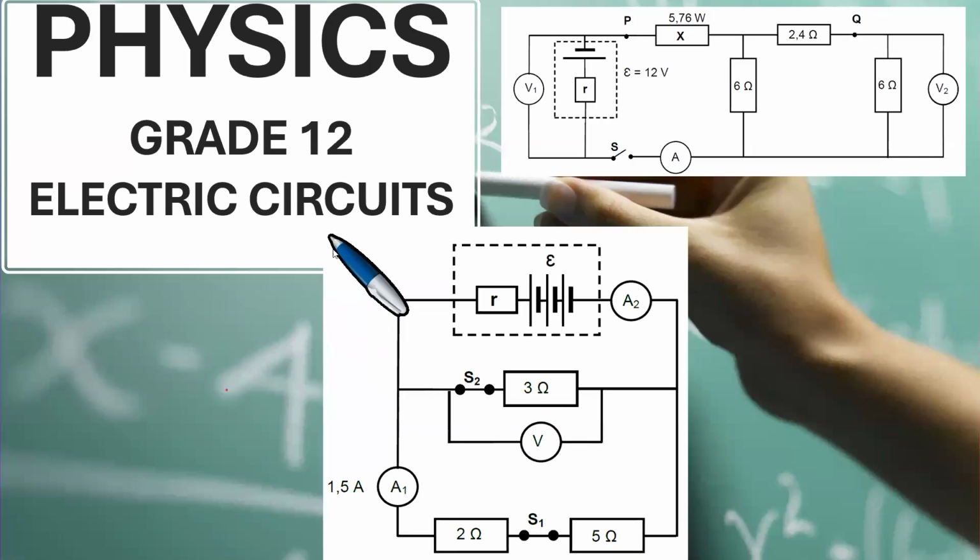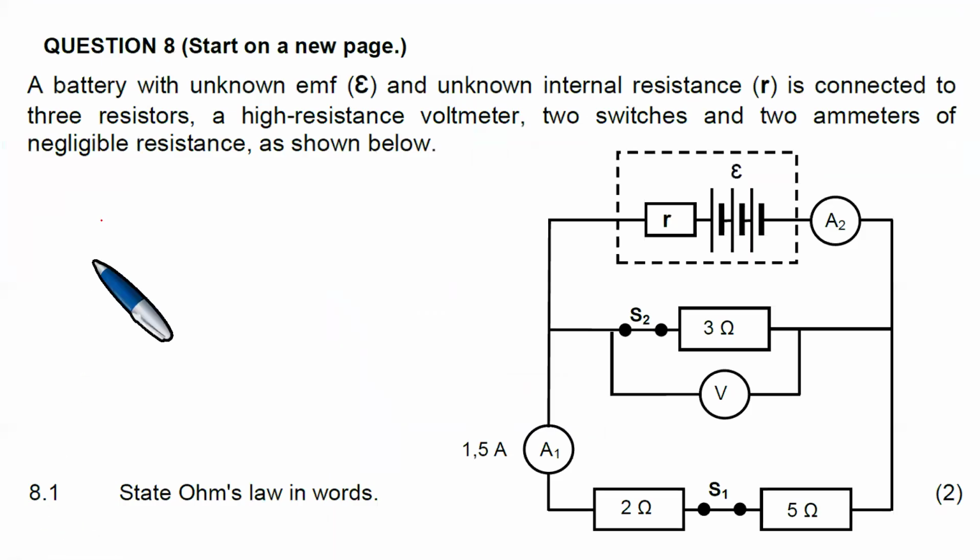In this lesson, we shall focus on physics, grade 12, electric circuits, past exam questions, and a lot more. And we begin as follows. Question 8 must be started on a new page.